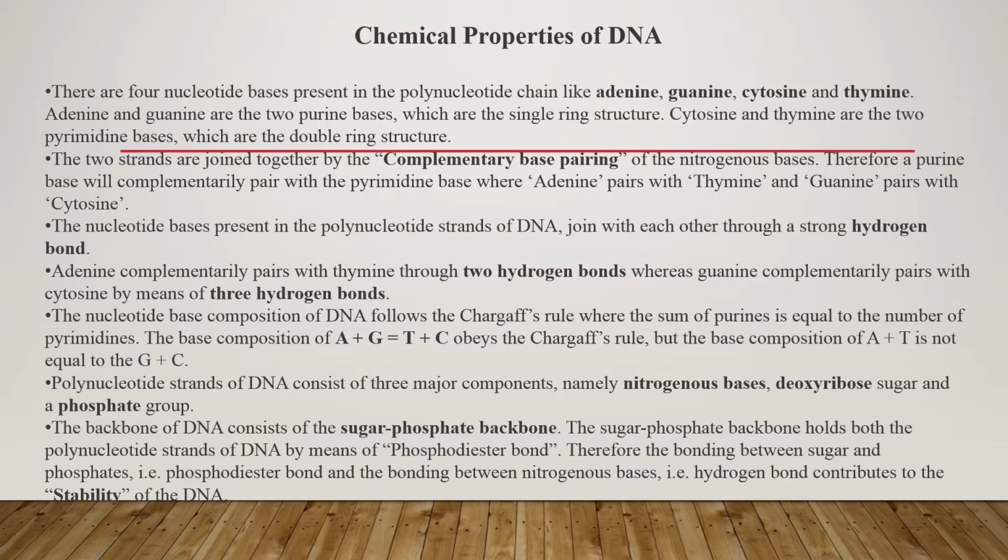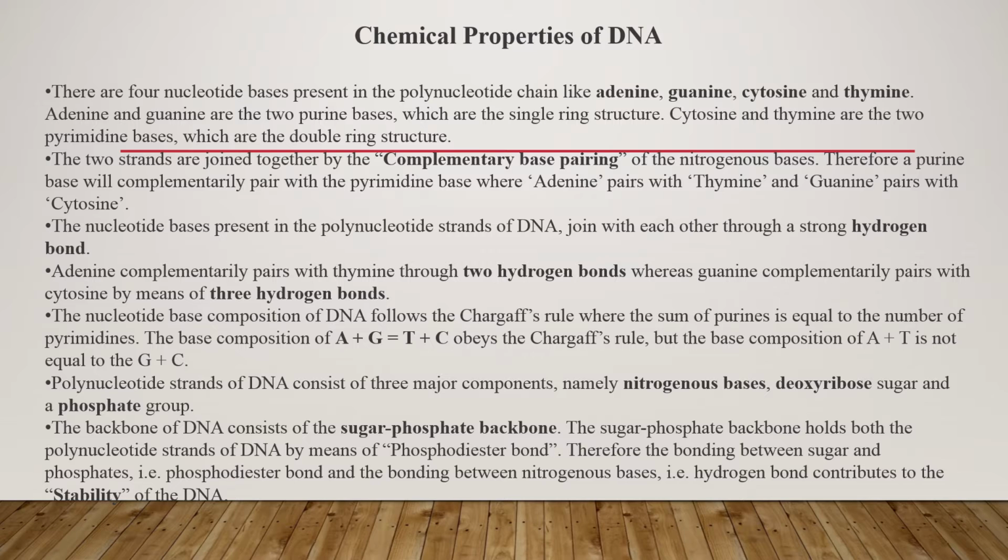The nucleotide base pairs present in the polynucleotide strands of DNA bind with each other by hydrogen bonding. Adenine binds with thymine by two hydrogen bonds, and guanine binds with cytosine by three hydrogen bonds. According to Chargaff's rules, the number of purines is always equal to the number of pyrimidines, because the base pair composition of purines is equal to that of pyrimidines.